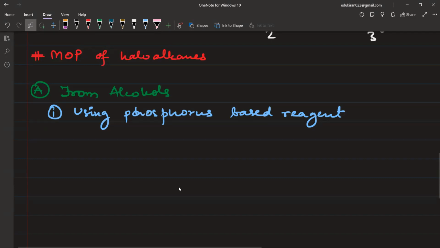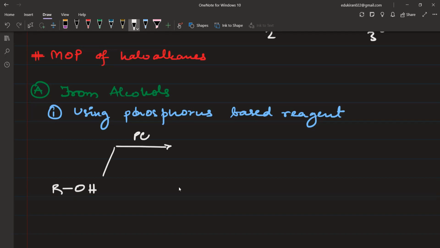We are learning the method of preparation of haloalkanes, but we are also learning the chemical properties of alcohol, right? Because all of these reactions are given by alcohols. So these reactions will come again in the alcohol chapter. So in general, alcohols will have ROH, the OH hydroxy group, and if you react this with PCl3, we are going to get RCl plus H3PO3.